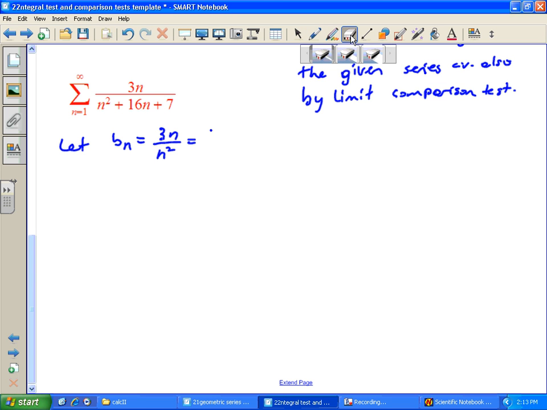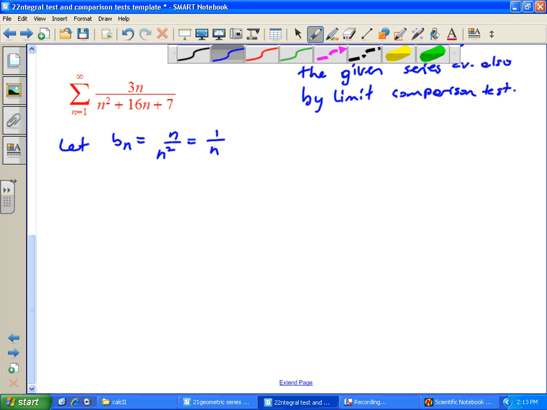We don't even need a 3 there. Just look at the dominant terms. You don't even need a constant. Say n over n squared. Let b sub n be 1 over n. And just take this ratio of a sub n over b sub n.